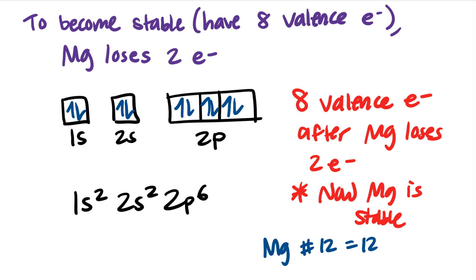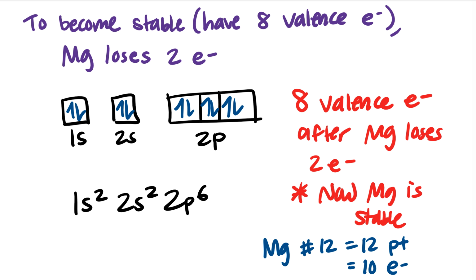That means 12 protons. And let's count how many electrons are in our picture in our orbital notation. I count 10 arrows. Now it has 10 electrons. And think about that. If it started with 12 electrons in its neutral state, and we just said it lost 2 electrons, 12 minus 2 is 10 electrons.